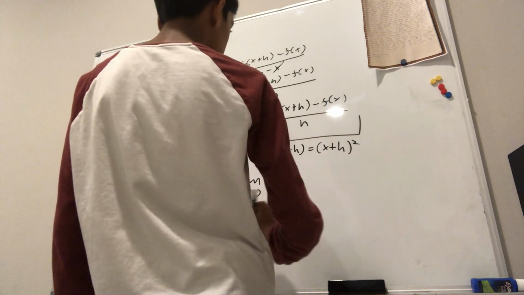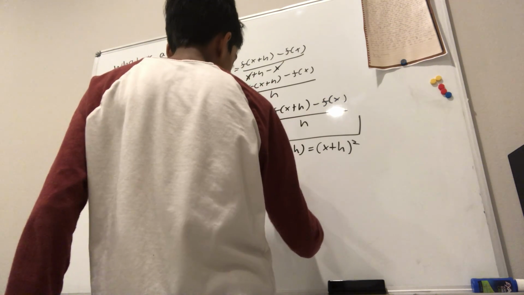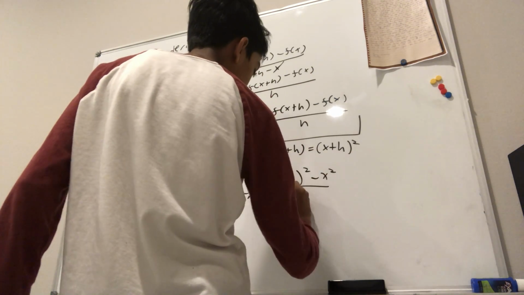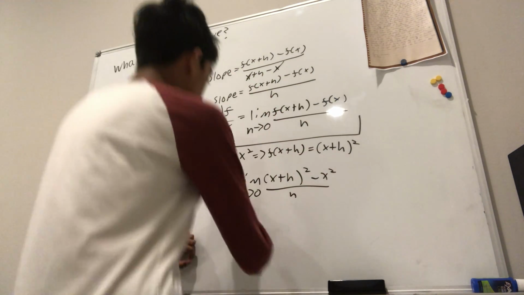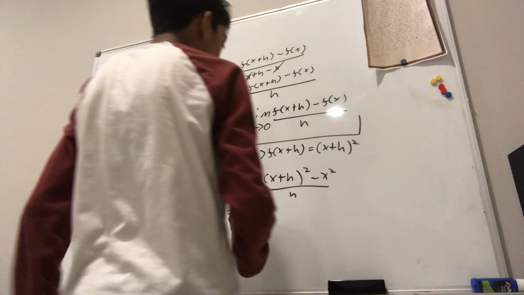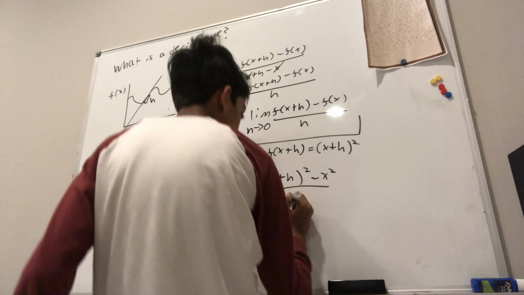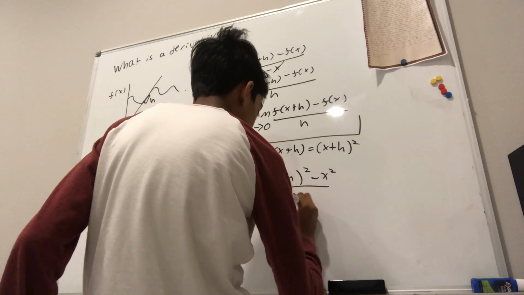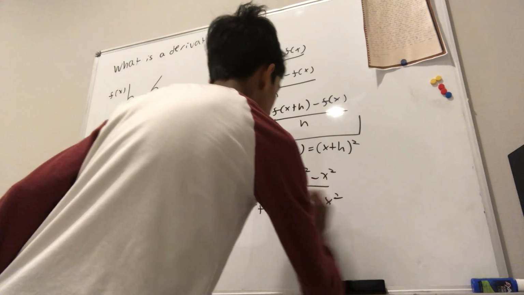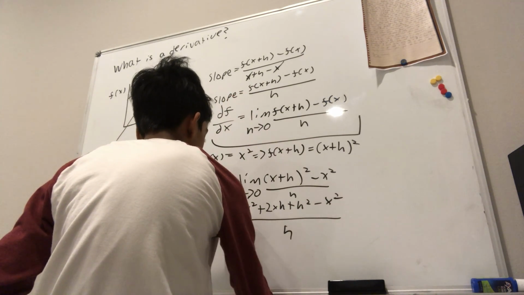So df dx would be x plus h squared minus x squared over h. So let's simplify this a bit. Using the square of the binomial, that is x squared plus 2xh plus h squared, minus x squared, over h. And taking the limit as h goes to 0.